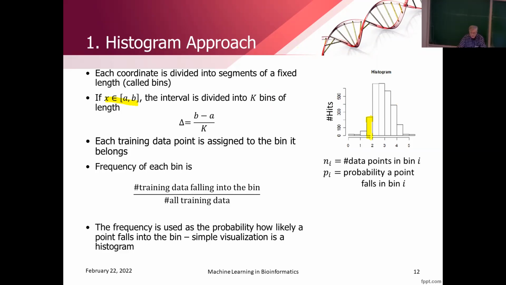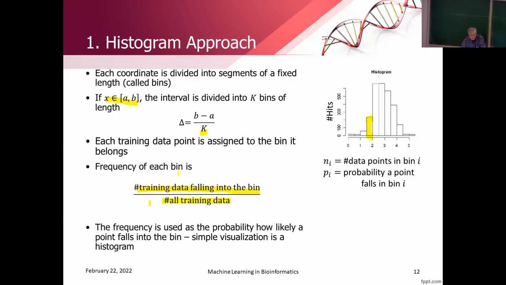Width of the bin corresponds to the width of the rectangle, and height of the rectangle corresponds to the number of observations which fall in the respective bin. So the size of the bin, if we have k bins, is actually (b minus a) divided by k, of course, nothing complicated, and the frequency is the number of training data falling into the bin divided by the number of our training data.